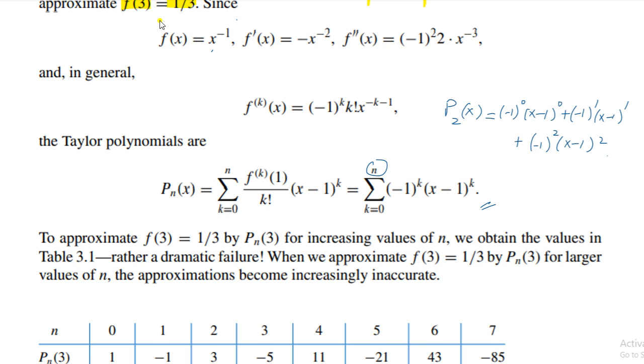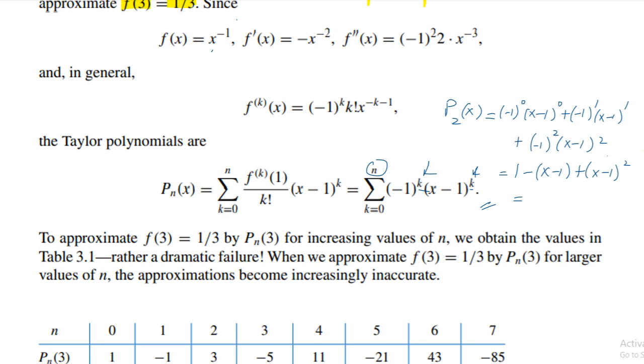Up to 2 I stop here. First k is equal to 0, then k is equal to 1, then k is equal to 2. So what is the polynomial? It becomes 1, and minus 1 times (x minus 1), so minus (x minus 1), and plus (x minus 1) square. This is your polynomial.